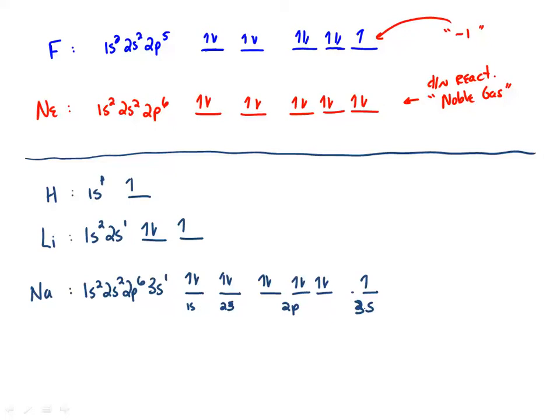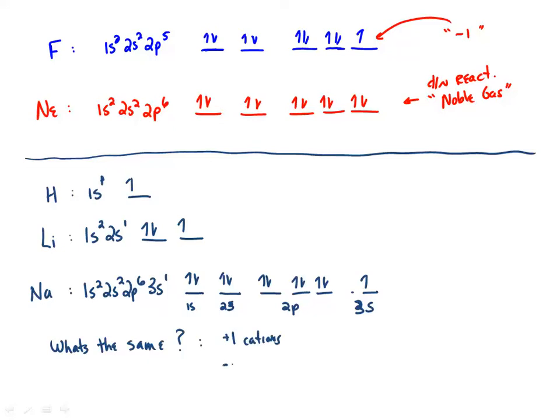What? Well, we're getting to that point. What's the same about hydrogen, lithium, and sodium? Yeah, they all are +1 cations.